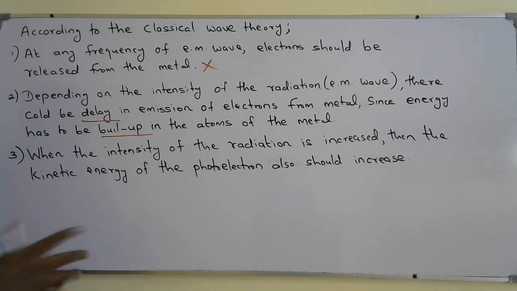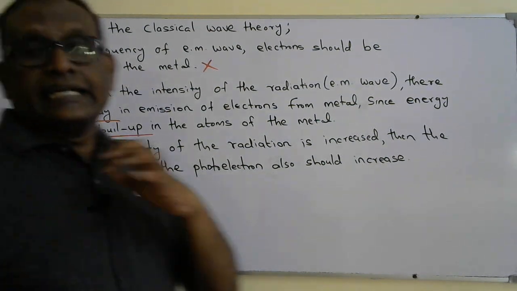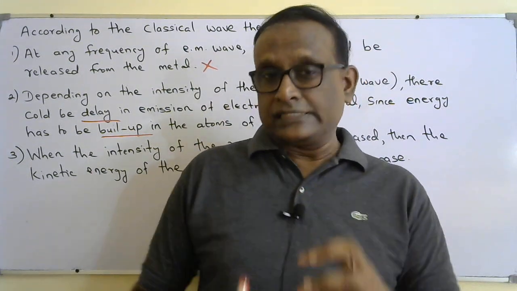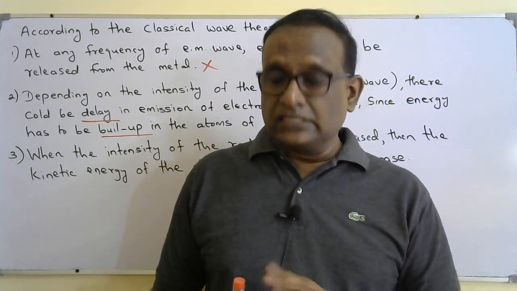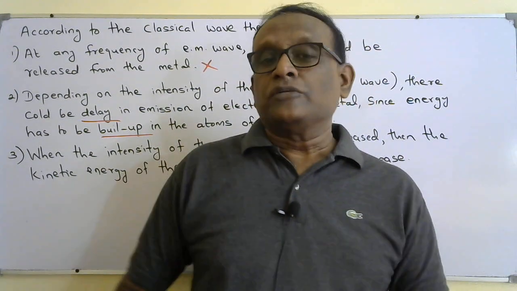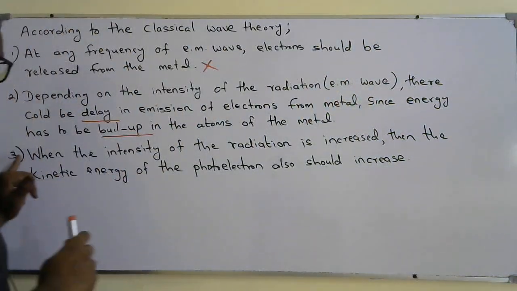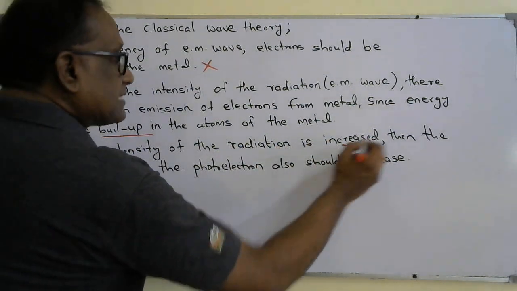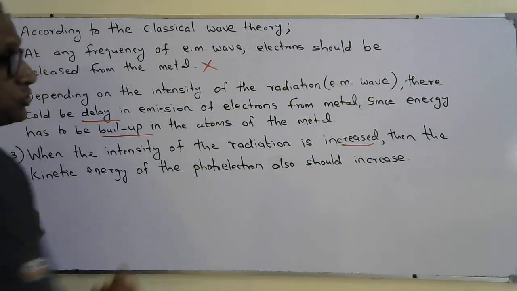Third one, we can make an experimental setup to measure the kinetic energy of the photoelectrons. I'll come to that point, how to measure the kinetic energy of the electrons released from the metal. But anyway, they were able to measure it. The third theory says, when the intensity of the radiation is increased, the kinetic energy also should increase.